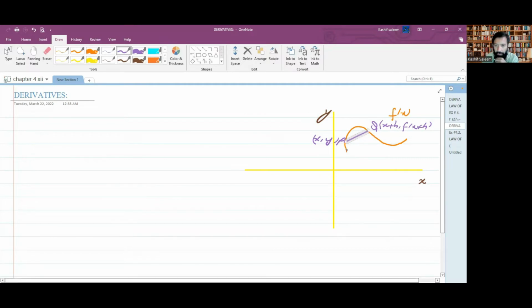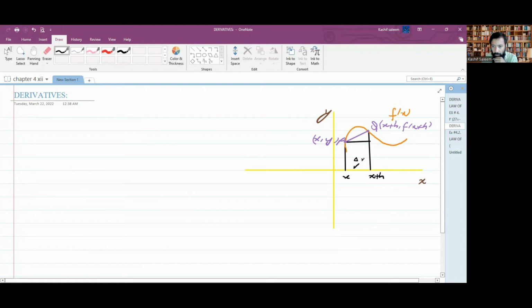In order to find the gradient, you have to draw two perpendiculars in order to calculate rise and run, so that you can visualize it properly. This is point P and this is point Q. Now draw a triangle here. This is x and this is x plus h. So what is this value?